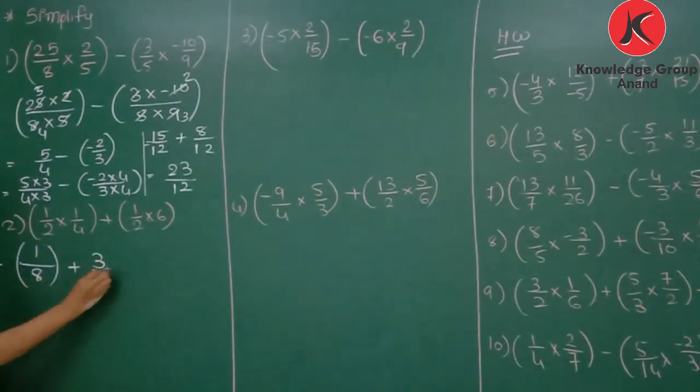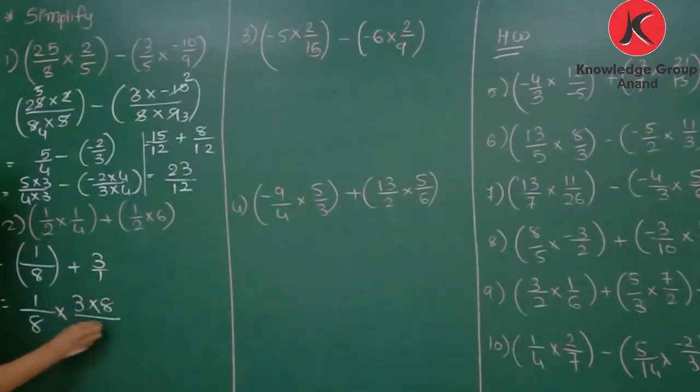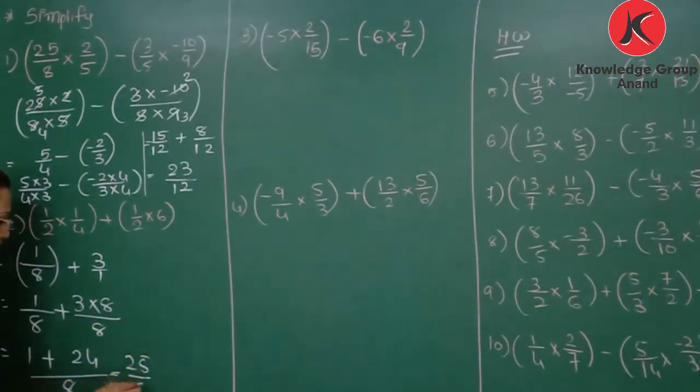Now LCM of 8 and 1 is 8. So here 3 needs to multiply with 8 in a numerator and denominator. So we have 1 plus 24 whole divided by 8. 3 8s are 24 plus 1. So it is 25 by 8. So this is the answer.